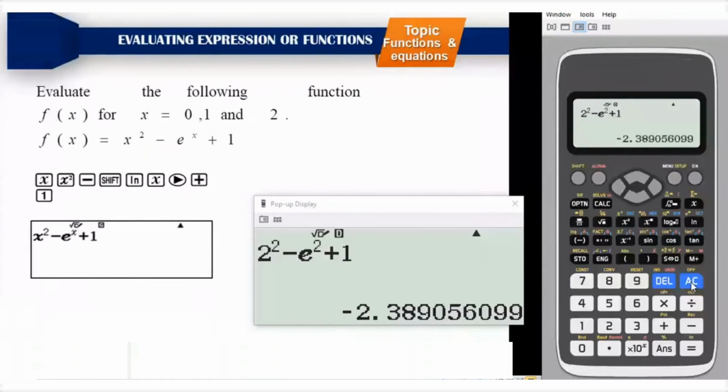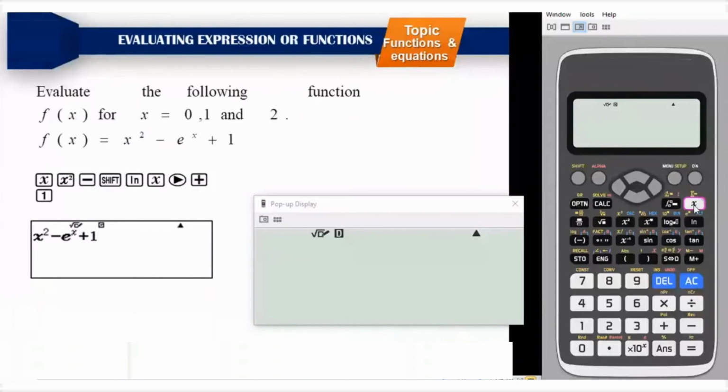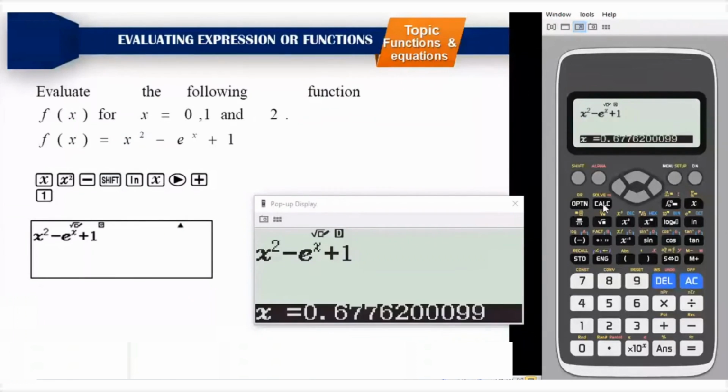So I will press x square minus shift ln, that is e, x. I will scroll out of the power, plus 1. And I will press shift and solve.